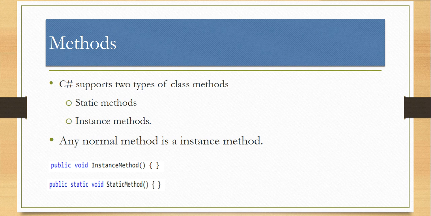So, the syntax for declaring a static method is access modifier, static keyword, return type, that is void actually here, method name, brackets inside which you can again pass parameters, curly brackets inside which you can type in statements.